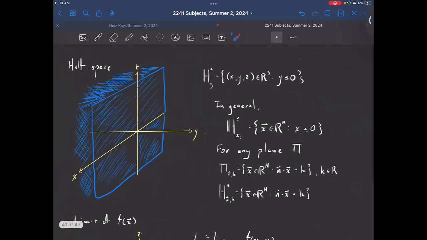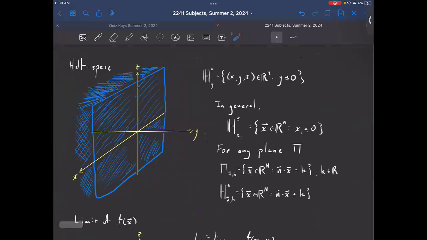So let's come up here and look at the half space. So the half space is literally just half of all of space here. So we have x, y, z axes, and I'm saying, all right, cut things in half along the xz plane, and then take all of the things to the left, or maybe all of the things to the right.